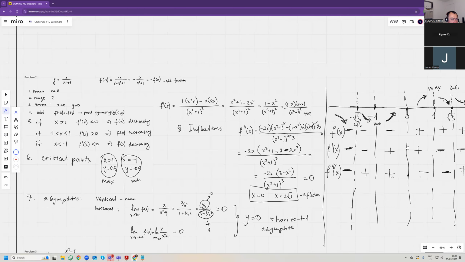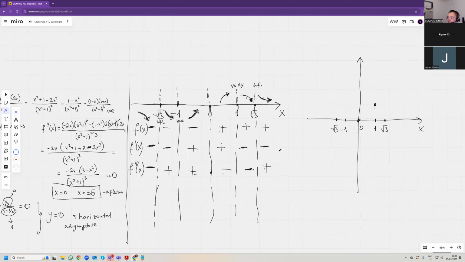It's going to be root 3 over 4, so it's going to be quite small. And here we're going to have minus 0.5 and like this. And you can see that the graph goes like this, then goes like this.